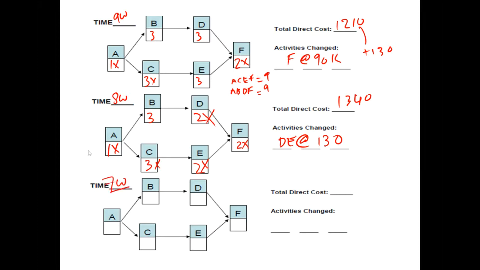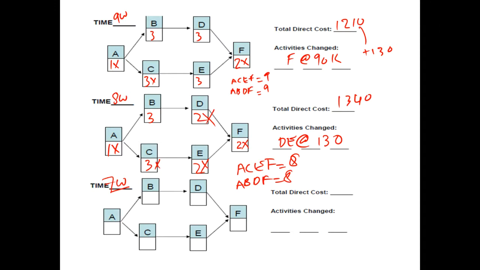And we have to recalculate the critical path. So if we calculate the path at the bottom, ACEF, it has a duration of 8, and if we calculate the path at the top, ABDF, it has a duration of 8 as well, which means that both paths are critical.